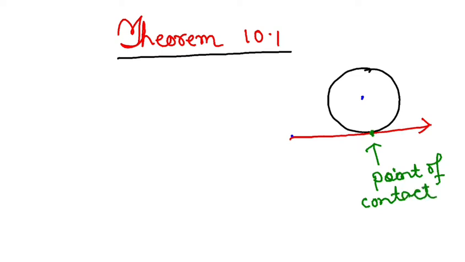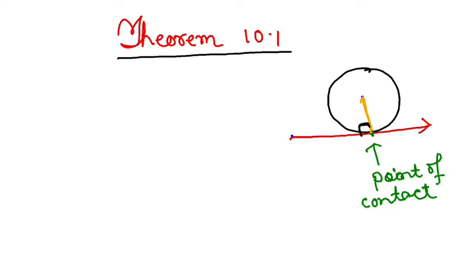Alright, the theorem says if I draw a radius from the center through the point of contact this way, then this angle over here is always 90 degrees.